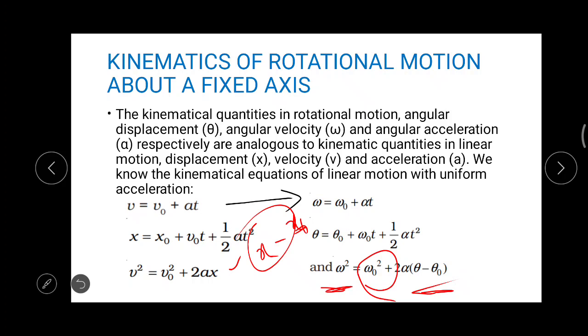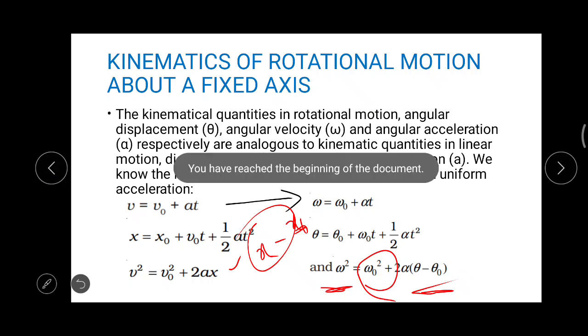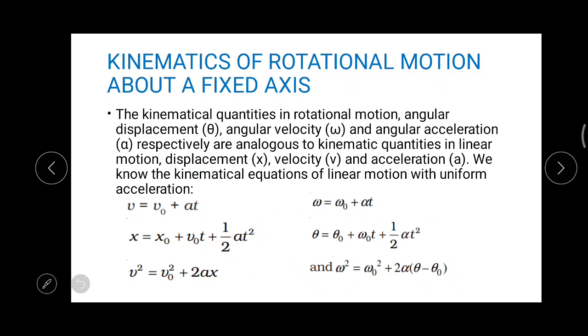Okay, so we have the kinematic equations of rotational motion as omega is equal to omega 0 plus alpha t, theta is equal to theta 0 plus omega 0 t plus half alpha t square, and the last one omega square is equal to omega 0 square plus 2 alpha into theta minus theta 0.